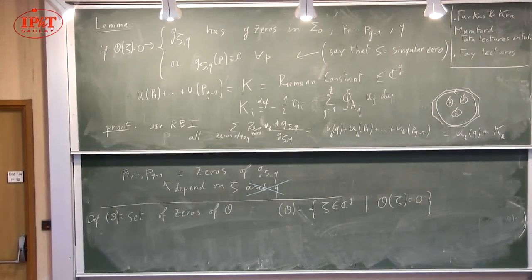So it's locally a codimension 1 manifold of C^g, so it's locally a dimension g minus 1 manifold.